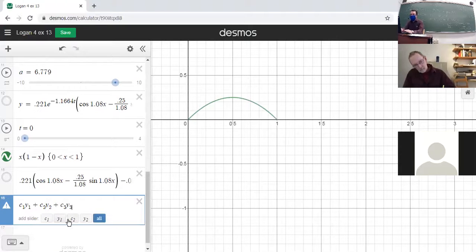So this is the thing that's supposed to become f of x in the limit, right? With the y1, the y2, the y3 being cosine root lambda 1 x minus a naught over root lambda sine root lambda 1 times x, so on and so forth. So it's those yn's that are the orthogonal system.